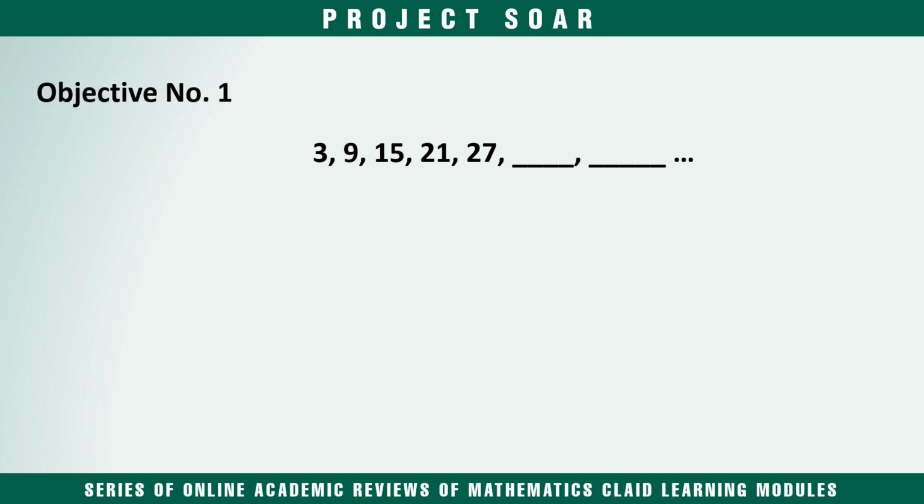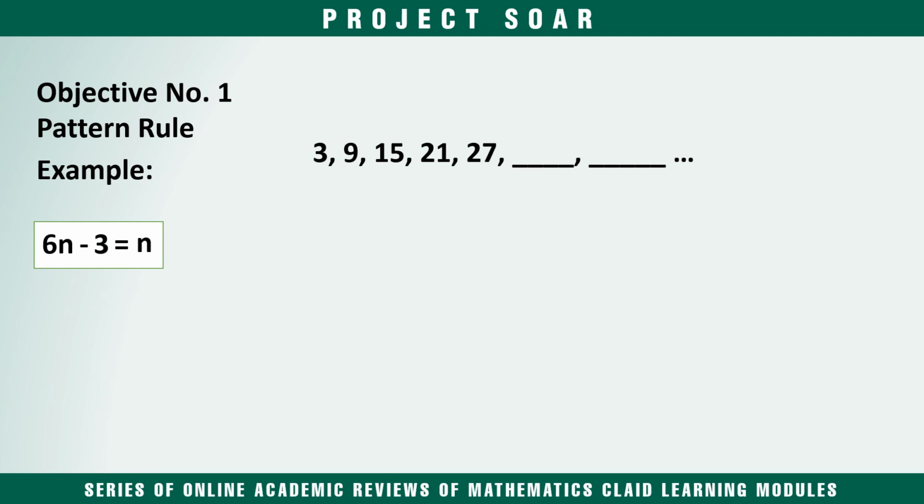So this is called a pattern rule. So our formula is 6 as our common difference, multiplied by n as the nth term, and minus 3 equals n. So here is the formula. 6n minus 3 is equal to n.